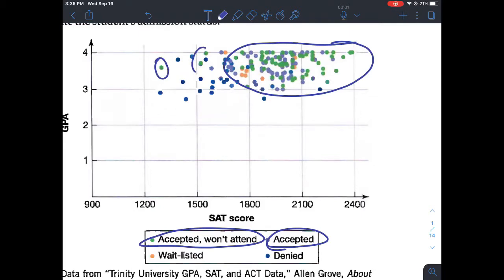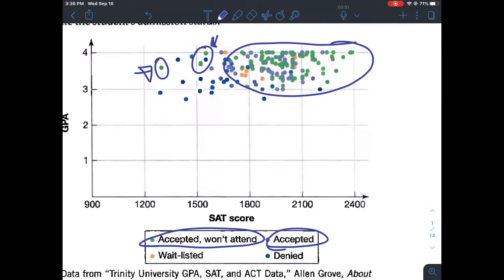Now, are there any dots that seem to contradict the trend? That would be this dot and maybe those 2 dots. They were accepted. This particular student had a very low SAT score and a pretty average GPA. And these 2 students had 1,500 SAT score and a high GPA. So why do they kind of fall outside of our main cluster?